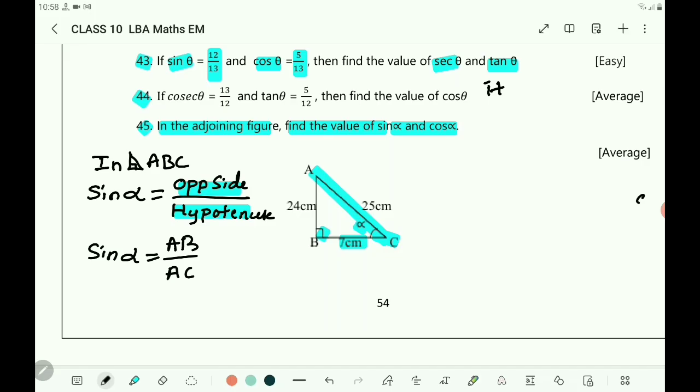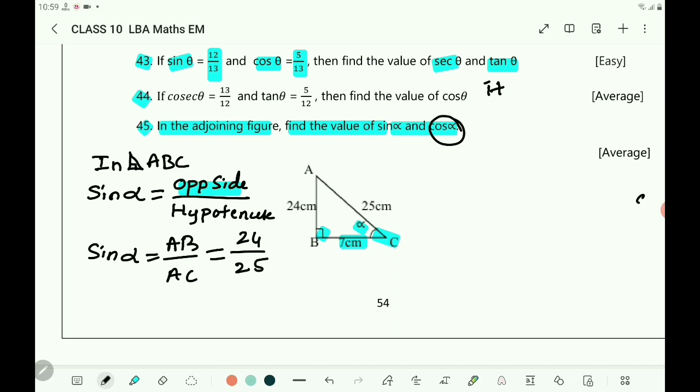AB by AC. Right? AB by AC. Then AB is equal to what? 24. AC is 25. Then you write 24 by 25.